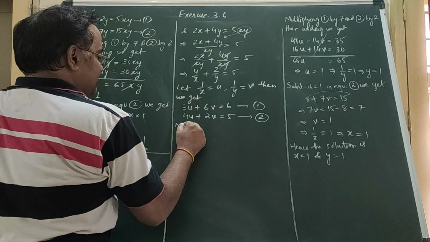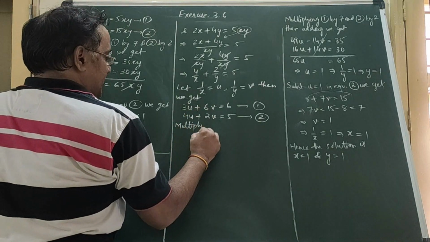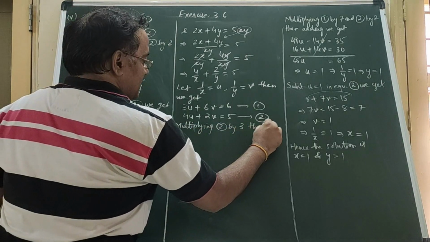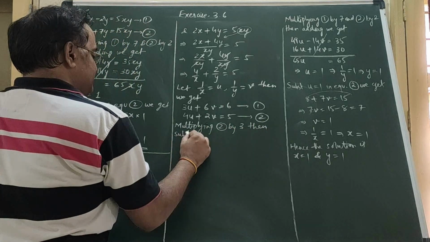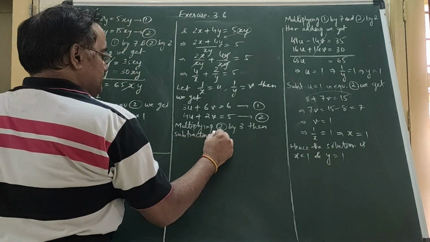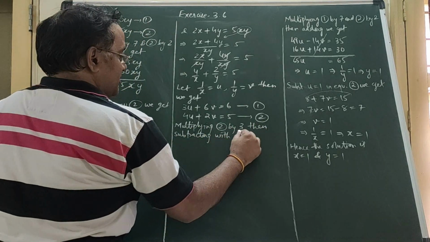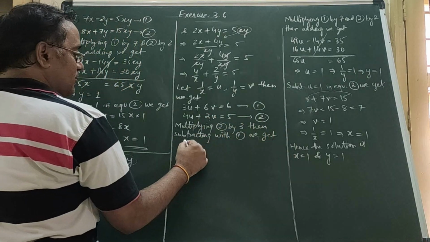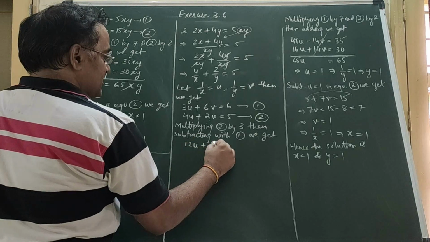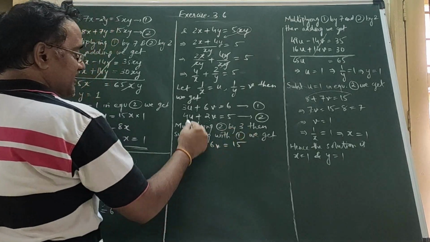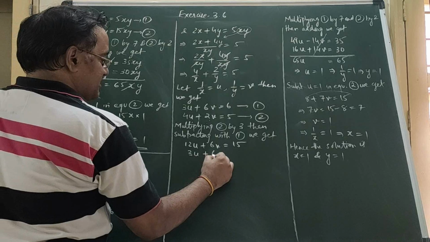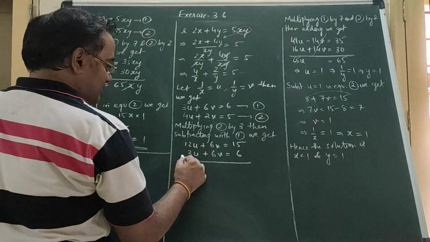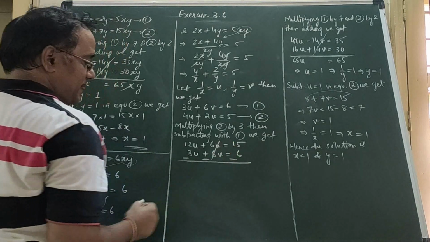So multiplying 2 by 3, then subtracting with 1 we get. So इसको 3 से 2 कर रहे हैं, 12u plus 6v is equals to 15, 3u plus 6v is equals to 6. Now we have to subtract, minus minus minus.